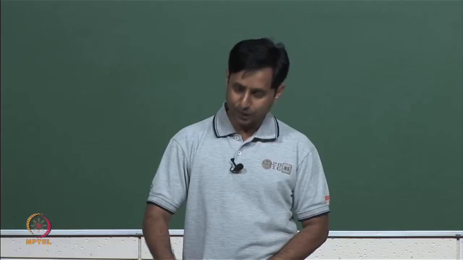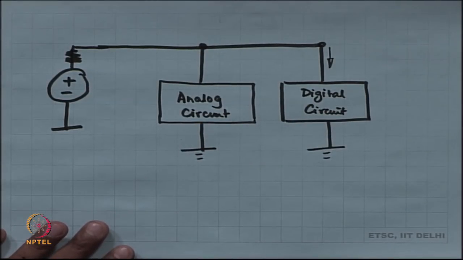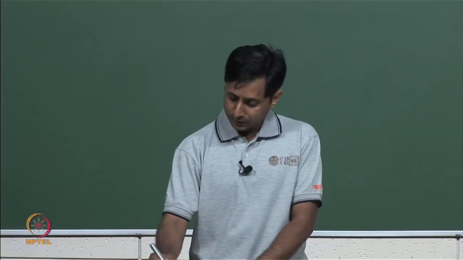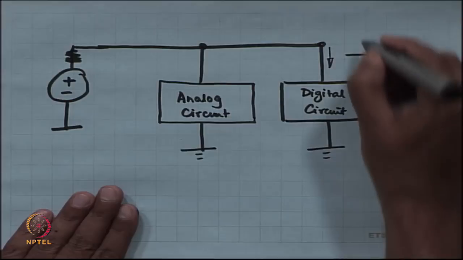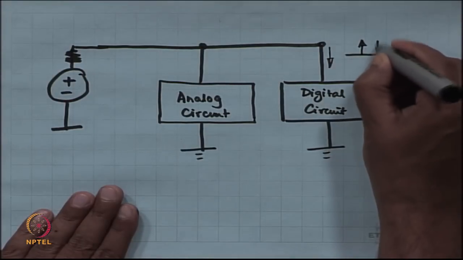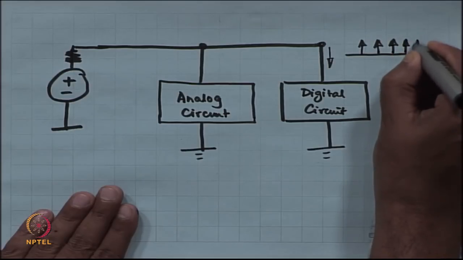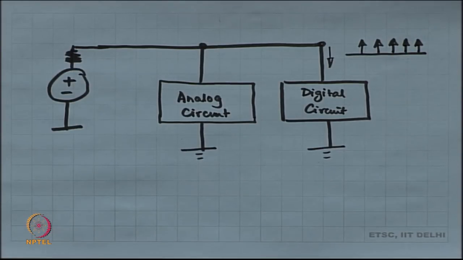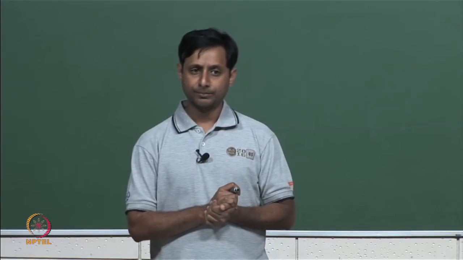So, at the edge of the clock, this digital circuit is going to draw some current, otherwise the digital circuit is going to stay silent. Okay. So, if you look at the current profile of the digital circuit, it looks like this. Right, there are current impulses, and all of those current impulses are at the edges of the clock.